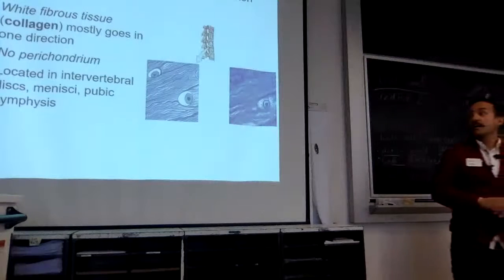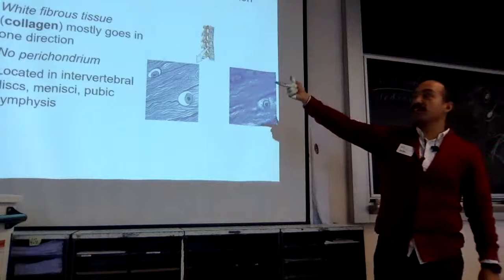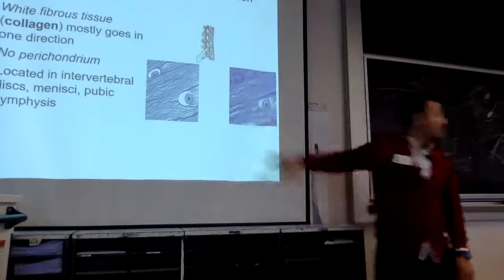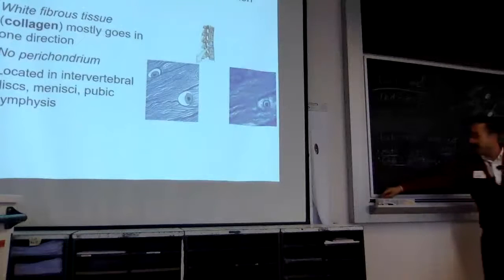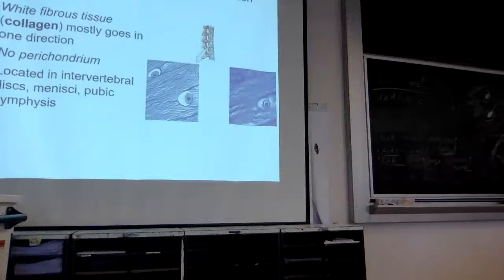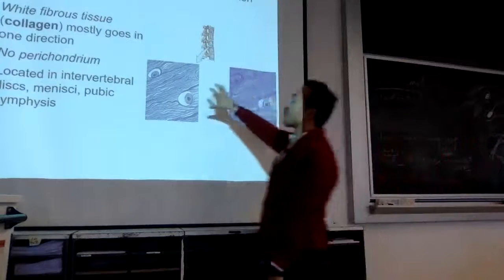Fibrocartilage or fibrous cartilage. This has your chondrocytes surrounded by wavy fibers in the same direction. Elastic is branched. Fibrocartilage is wavy in one direction. This is very dense.